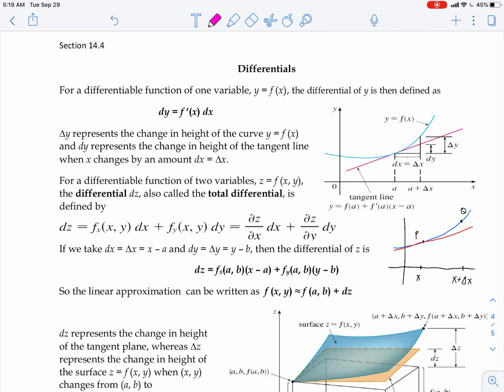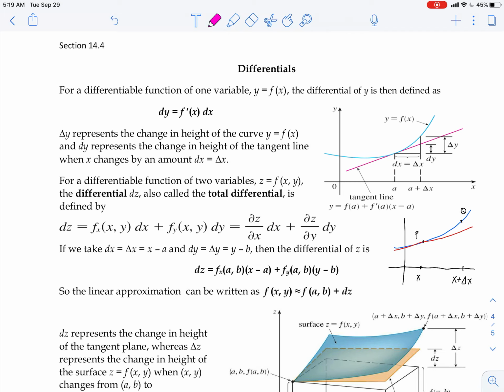The total change from your initial y value at Q to the tangent value at Q, that's dy. So that's just the change between your initial y and where you're at on your tangent line, in this case a 2-dimensional tangent line, but a tangent plane in 3 dimensions.